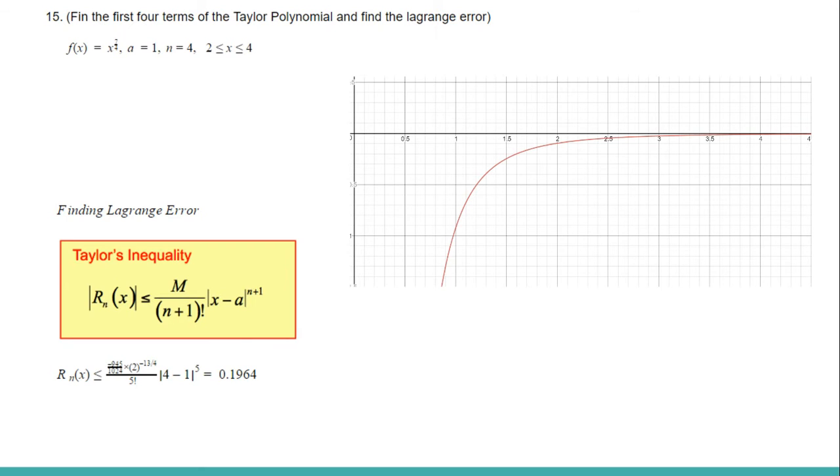a is your center given in the problem, which we can see here is 1, so we can just plug that in. And then we find the x value furthest away from it in the domain. So our value is going to be 4 for that x.